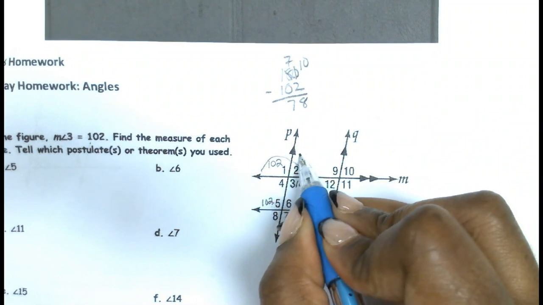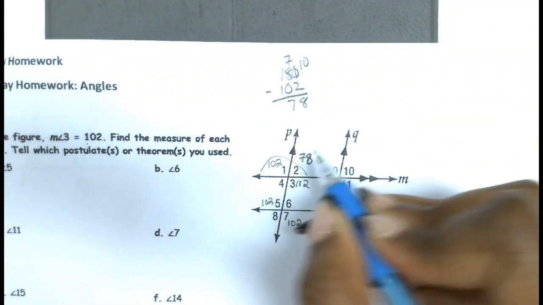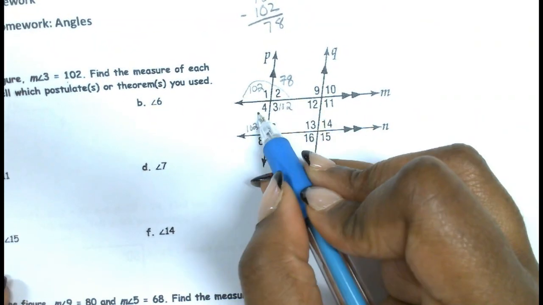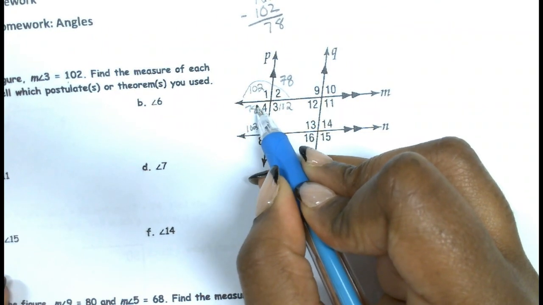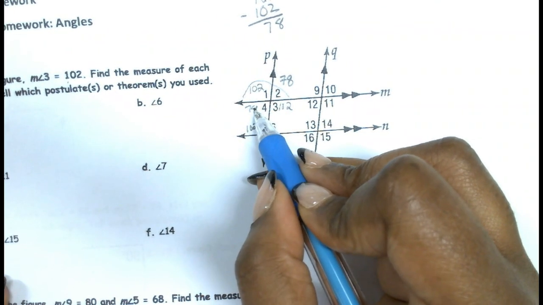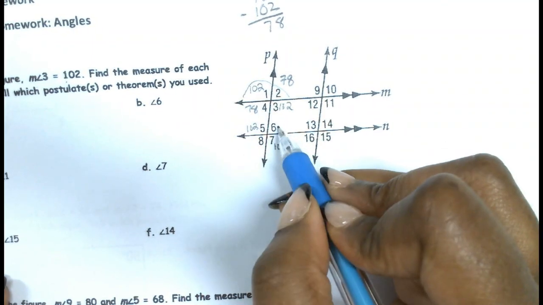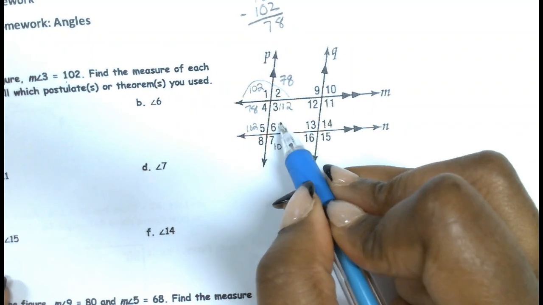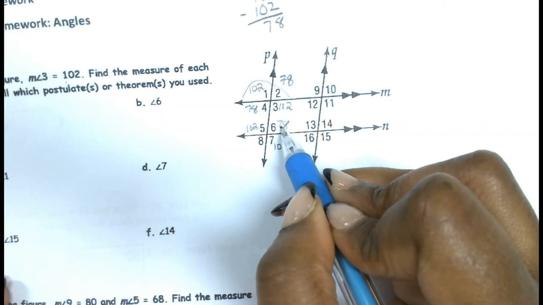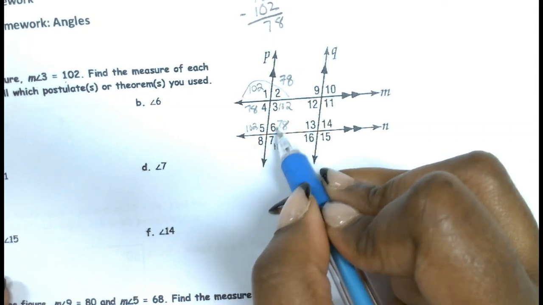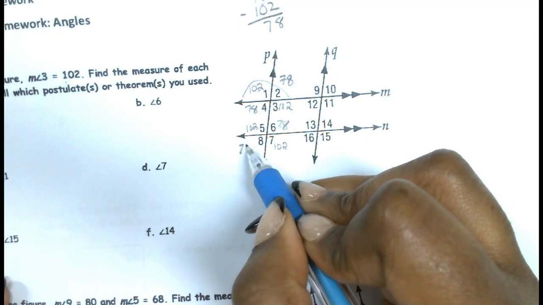So the measurement of this angle is 78. The angle that's vertical to it is 4. So this is also 78. The alternate interior angle of 4 is 6. So this angle is also 78. Vertical angle of 6 is 8. So this angle is also 78.